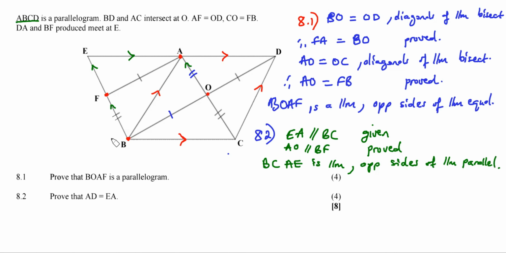That's what we know. Now, once we say that these opposites are parallel, we know that EA is equal to BC. Now, when we have EA equal to BC, that also means it's equal to AD, because this is a parallelogram as well. So we have proved that EA is equal to AD.